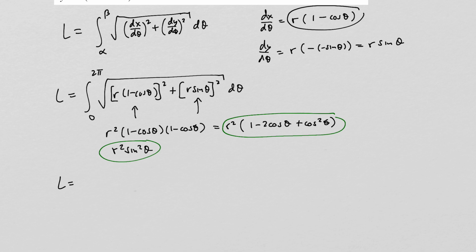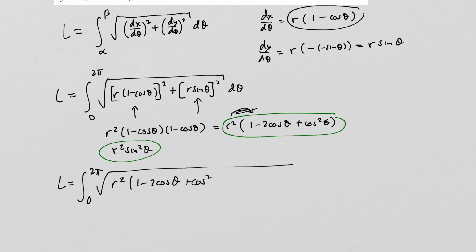So our arc length becomes the following. Let's not multiply that out. Let's leave it as is. You can do it either way, actually. Okay, so this is what we have.